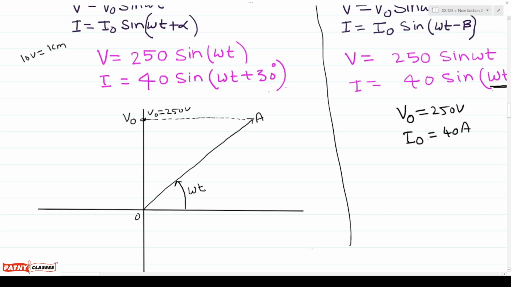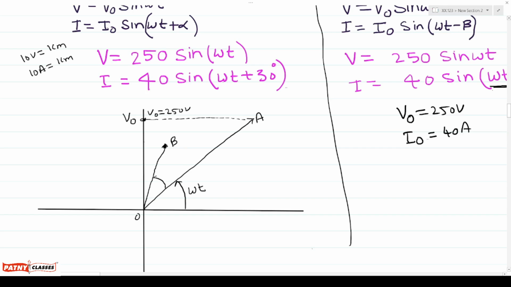Now after drawing that one, we need to draw the phasor diagram for current. And current is how much? 40 amperes. And we have 10 amperes equals 1 centimeter, then 40 amperes can be drawn with a length of 4 centimeters. So for the phasor diagram for current, we have to draw a line of 4 centimeters. OB is a line of 4 centimeters. And what is the angle?